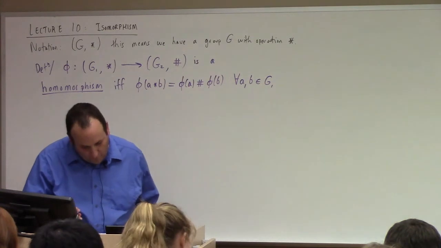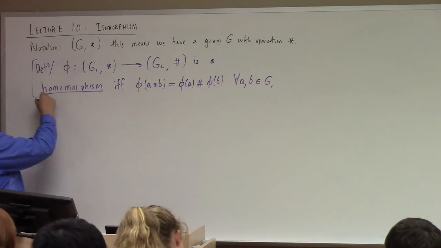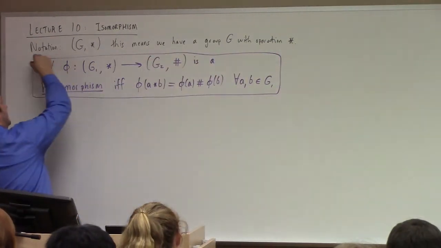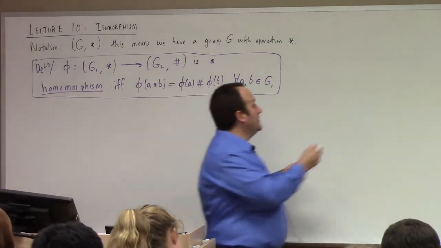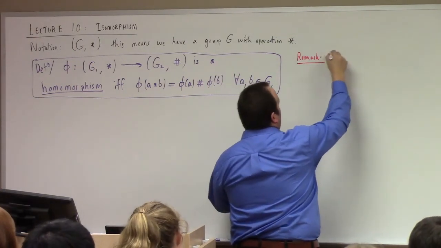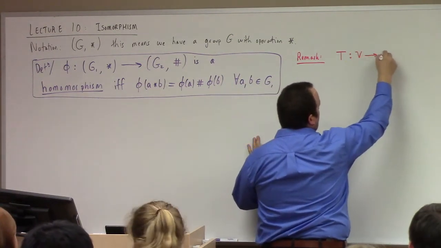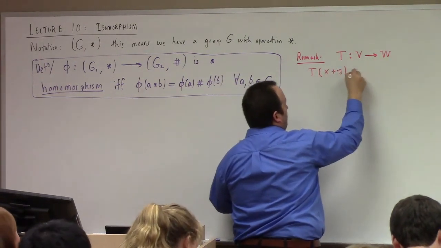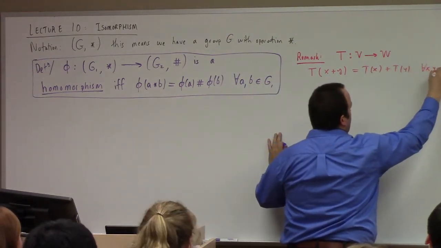So this is the definition of homomorphism. I know it's kind of funny looking at the moment, but I would make a remark that this is very much analogous to what we had in Math 321, where we looked at T from V to W, and we had T of x plus y equals T of x plus T of y for all x and y in V. What did that make T?